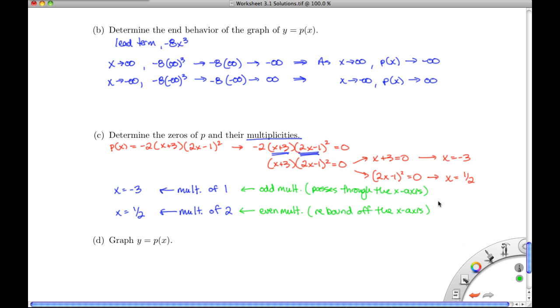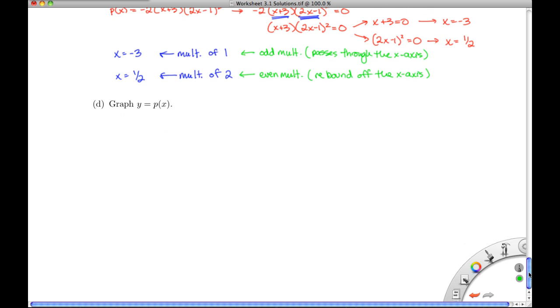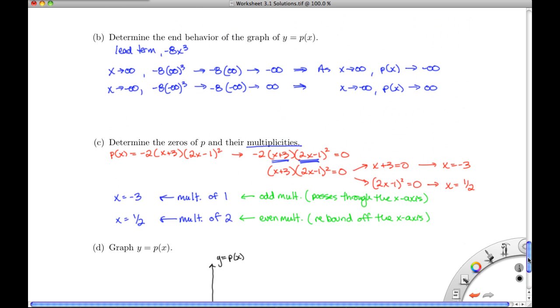All right, so let's see how all of this fits together to get a graph of p of x. So if we set up our axes here, this is not going to be perfect, but it's enough for us to get an idea of what the curve looks like. You've also got your graphing calculators, which would make this painfully easy and horribly unfun. So let's lay down what we've got.